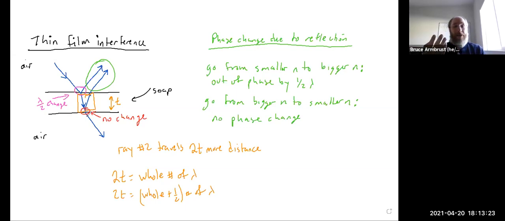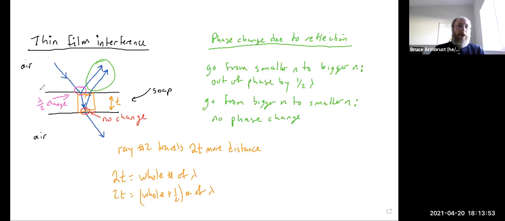So I don't like doing that. I like just thinking about the idea behind it. Knowing that to get constructive, they need to be in phase. To get destructive, they have to be out of phase. And like what we're seeing here, the fact that the top one went through a phase change but the bottom one didn't, is only because we've got air on top of soap on top of air.